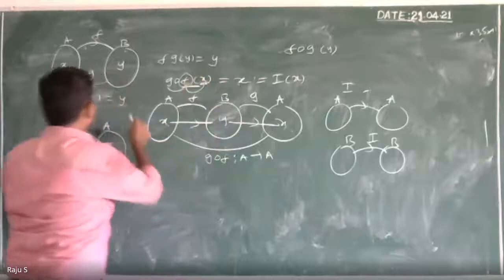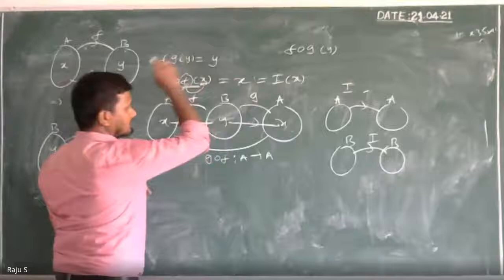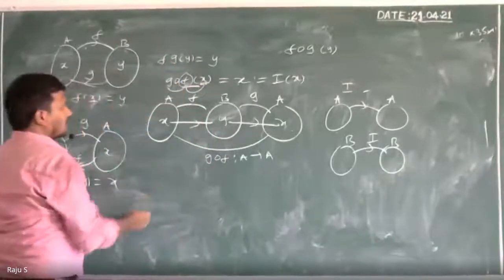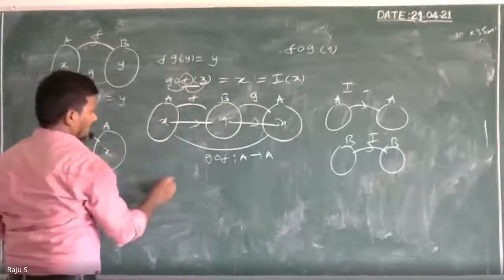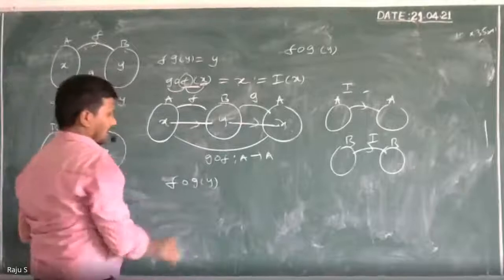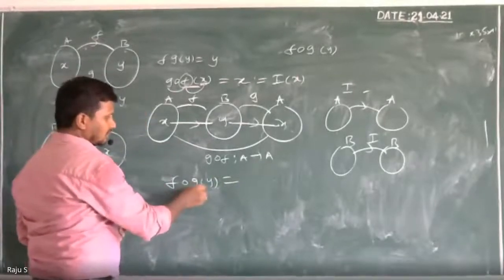So f of x, look here, f of x. I'm giving input x, output is also x. If I take another composite function like this, f circle g of y is equal to what? First we should take the g function.